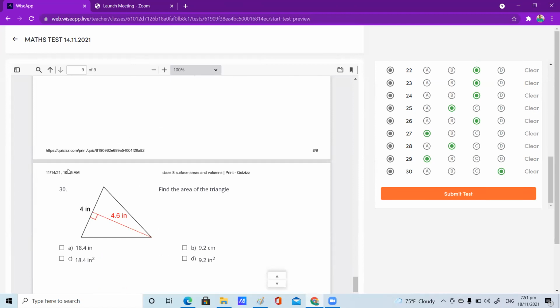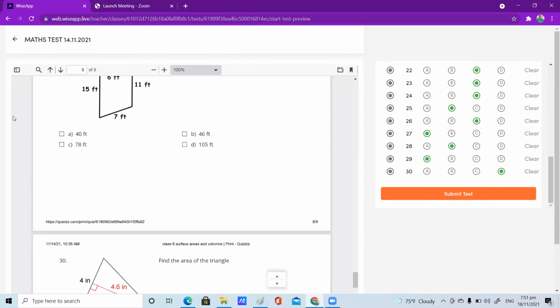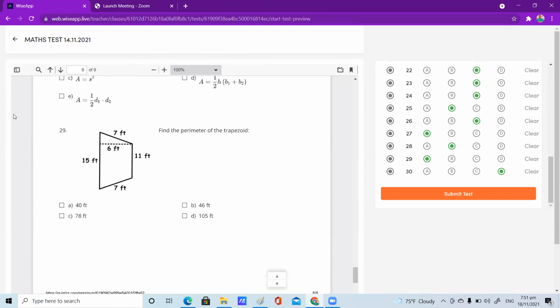Ma'am, can you scroll up once? Children, don't copy everything in your visor. Ma'am, how do you get 78 feet? You just sum up the parallel sides. 15 plus 11, how much? 24 or 26, children? 26.